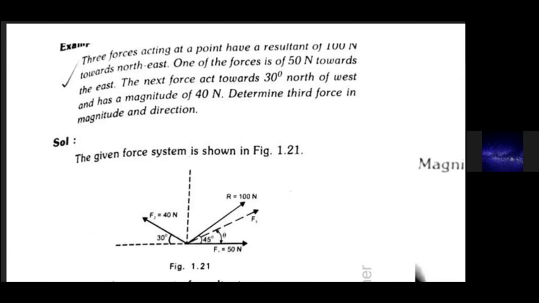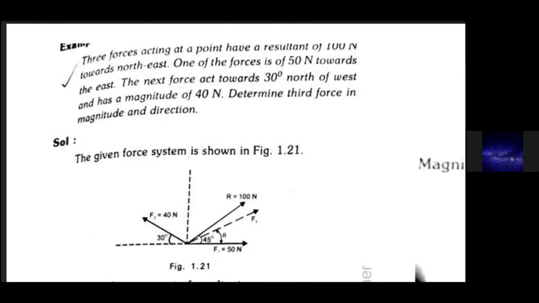And one of the forces, 50 newtons, acts towards east. So towards east, 50 newtons, means along plus x.